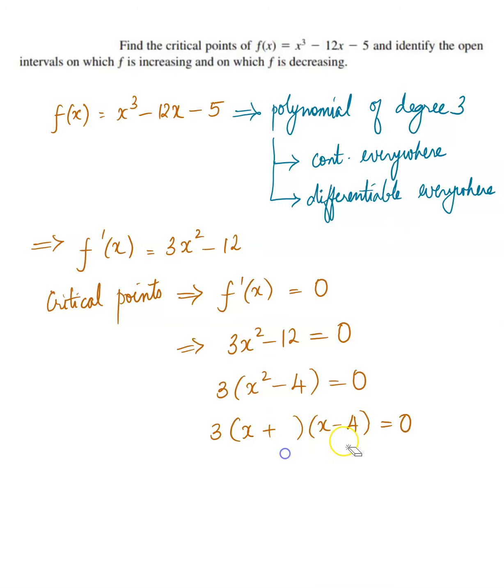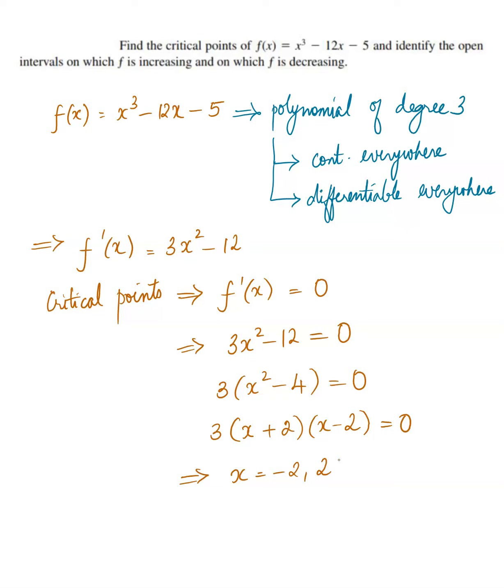Apologize, x plus 2, x minus 2. Okay, because a plus b, a minus b. Now this implies your x, when you set each factor to 0, you get minus 2 and 2. These are the two critical points.